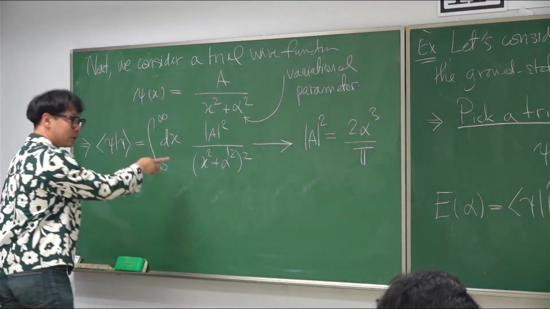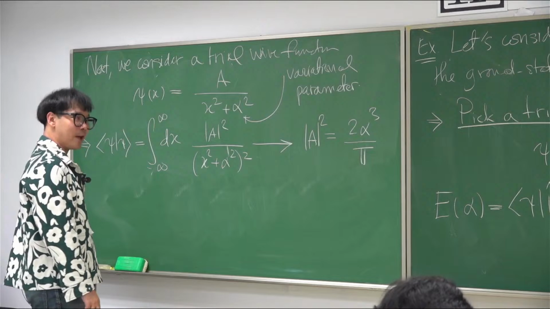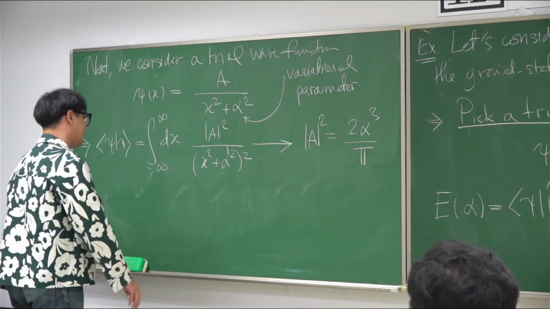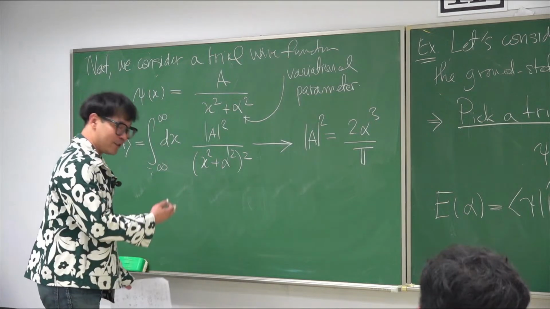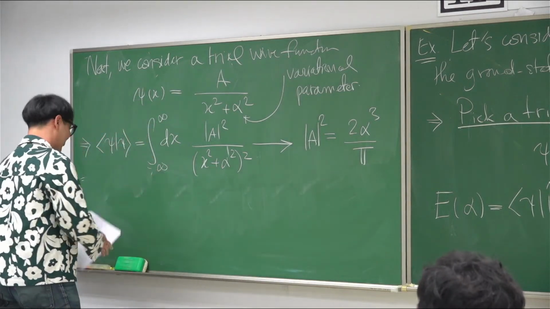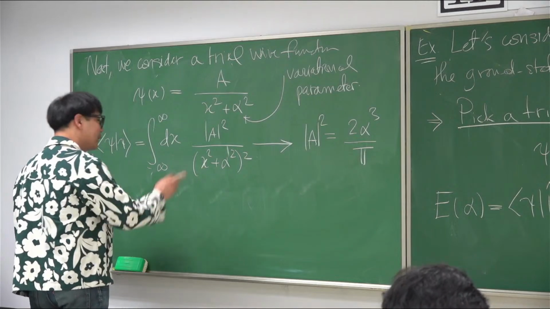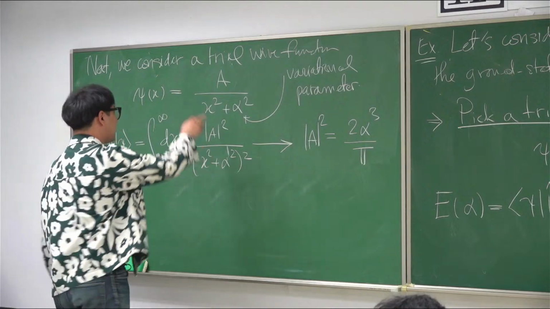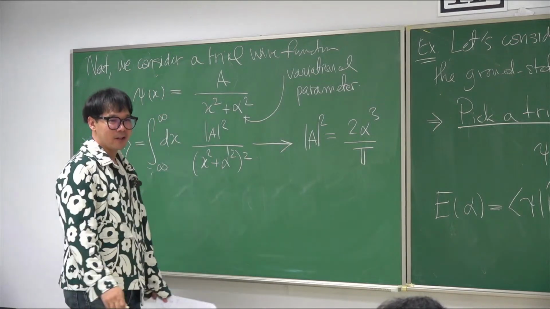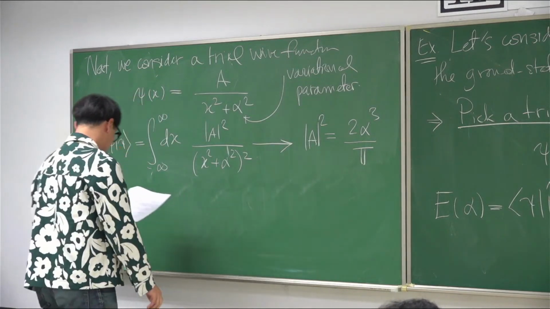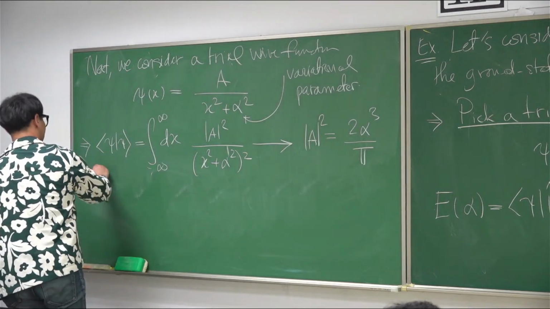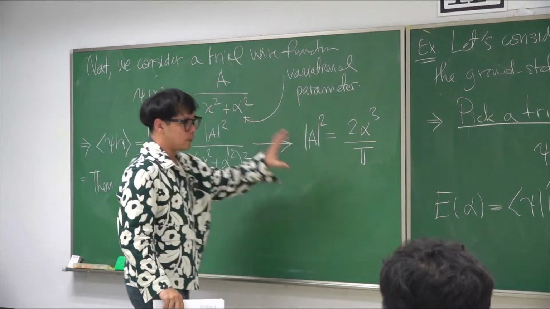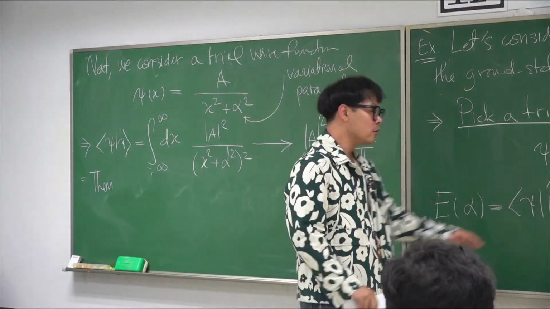I'm not going to do the integration for you. I believe that you can do it because it's not difficult, right? It might be difficult, but I think it's not difficult. Okay, so now we solve for the normalization constant to make sure that this wave function is normalized, right? Then we are ready to use this to compute this expectation value, right?